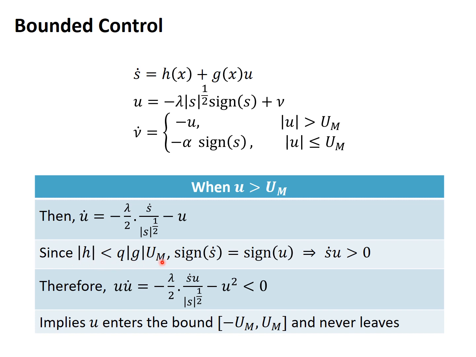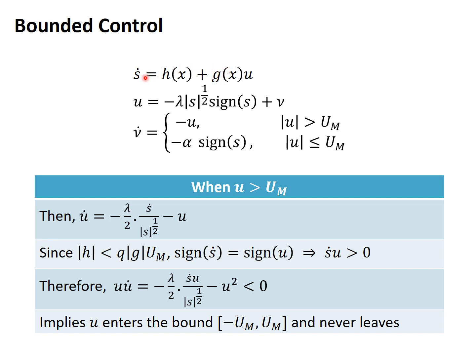Now, the next statement: we are making use of one of the conditions, since this assumption was stated already. Following this assumption, the contribution of the H term in S dot is not so significant, and G is a positive quantity.